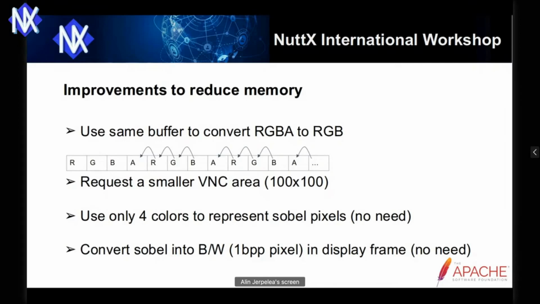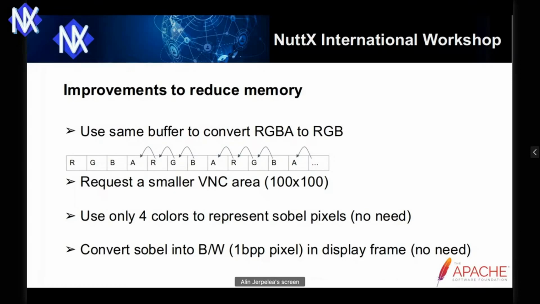And this way, I don't need to use 44 kilobytes of buffer. And my next idea was also to convert the Sobel pixel to use only 4 colors, because as you saw in the previous image, it was only using 4 colors actually.